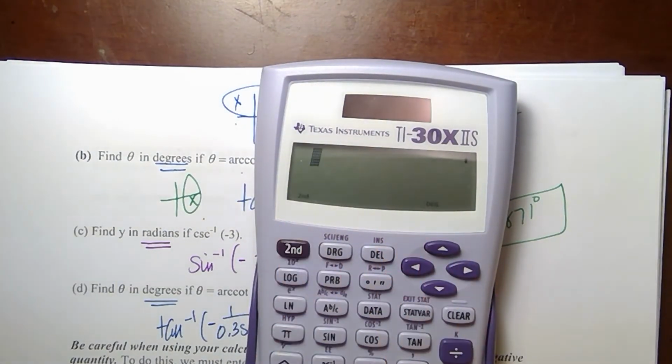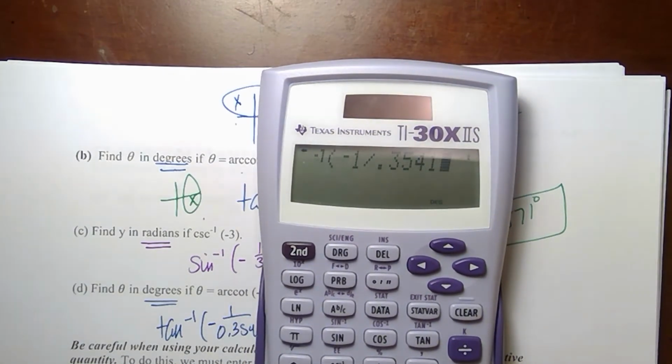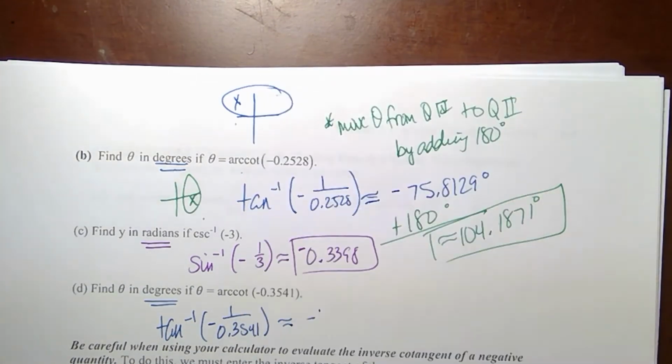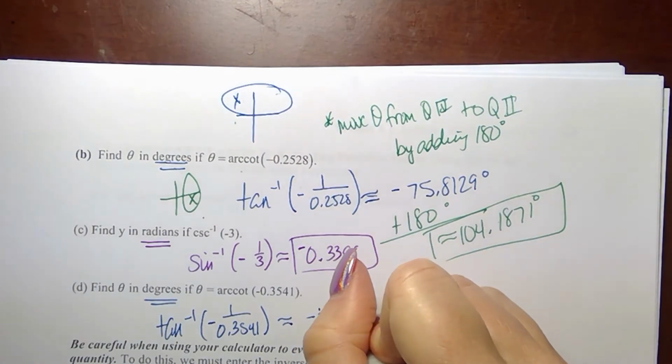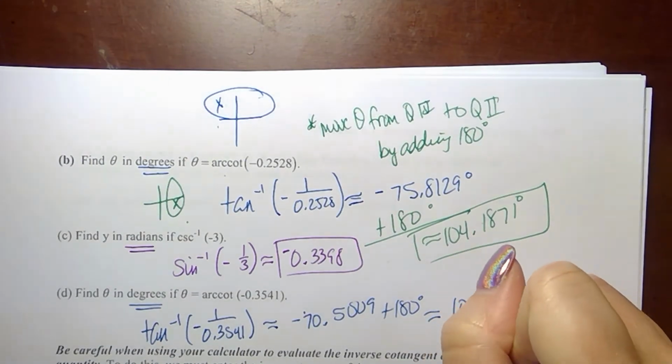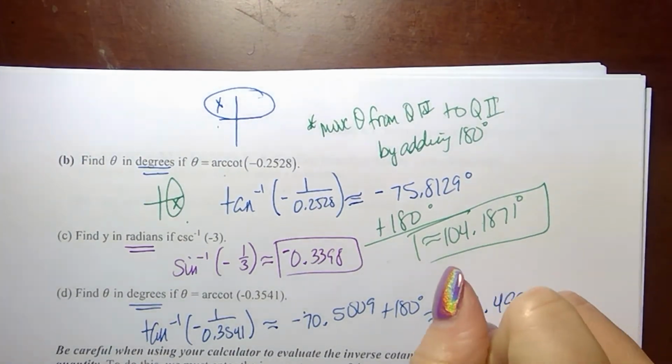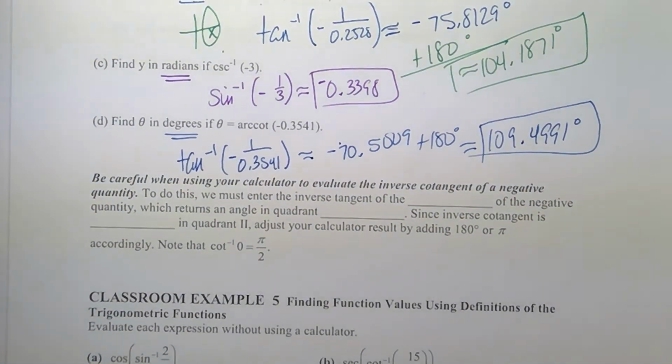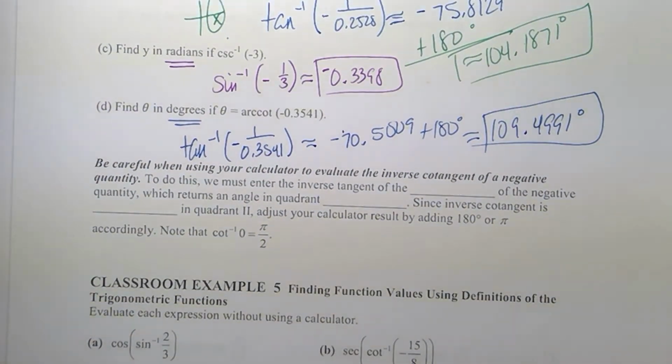And I'm going to do second function tangent of a negative 1 divided by 0.3541. All right, I get out a negative 70.5 something, and I'm going to add to that 180 degrees. So there's the angle that I need. I get out a negative 70.5009. I have to add 180 degrees to that. The angle I'm looking for is 109.4991 degrees.